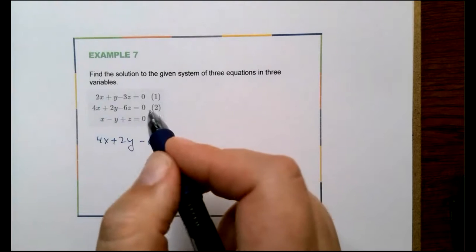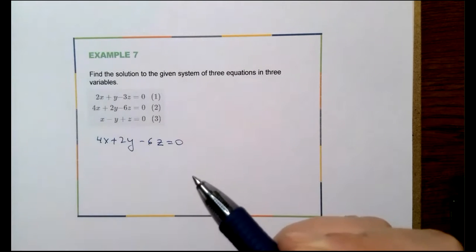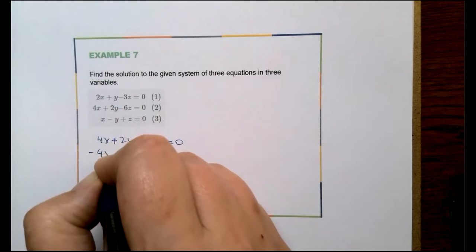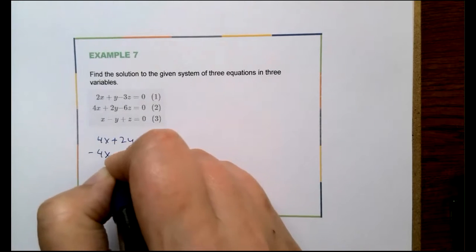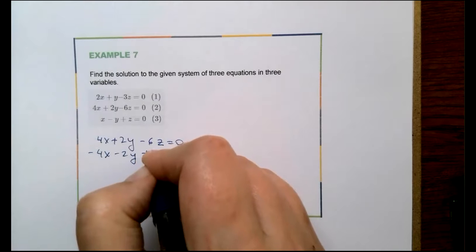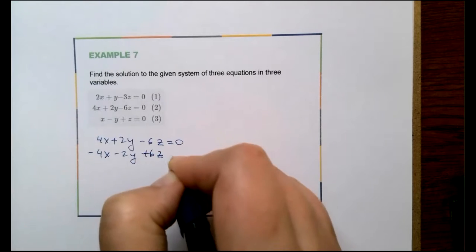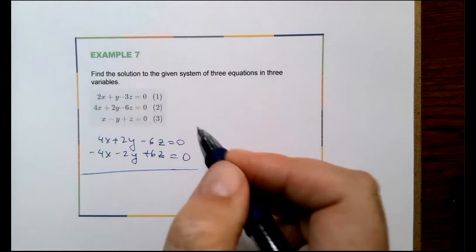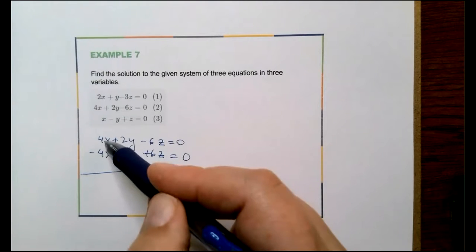Well, I can multiply the second equation by -1. That's okay. So I'm going to have -4x minus 2y plus 6z equals 0. And when I combine these two equations, what happens?